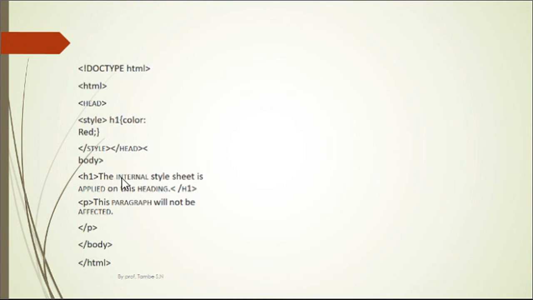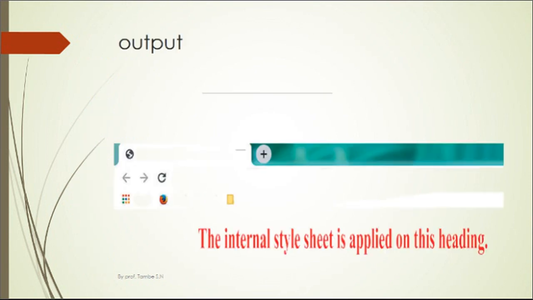In that body part the internal style sheet is applied on this heading, so this part will be affected. The p, this paragraph, will not be affected. So end your p, end your body, end your HTML. When you run this program, your output will be like this. So the internal style sheet is applied on this page.